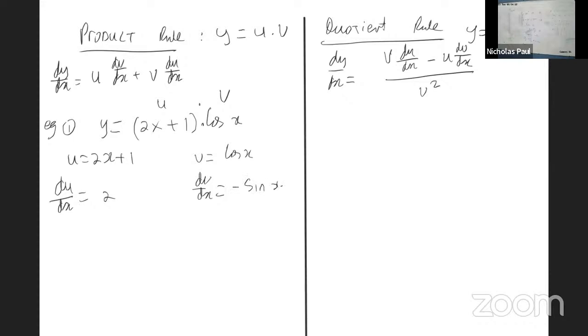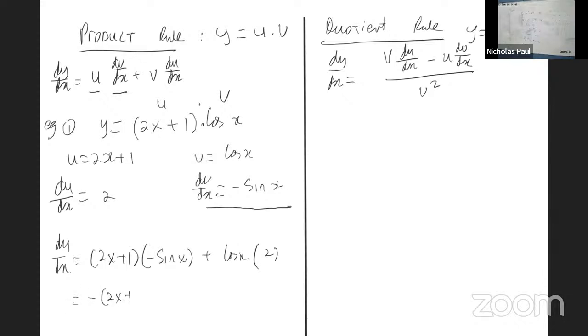Now we can use the formula. dy/dx is equal to u multiplied by dv/dx, so that's 2x plus 1 multiplied by dv/dx, which is minus sin x. Then we add v, which is cos x, multiplied by du/dx. And that's it. No factorization, leave it just like that. Put the minus sign outside and then you can put the 2 in front. Once you identify u and v, plug them in the formula.